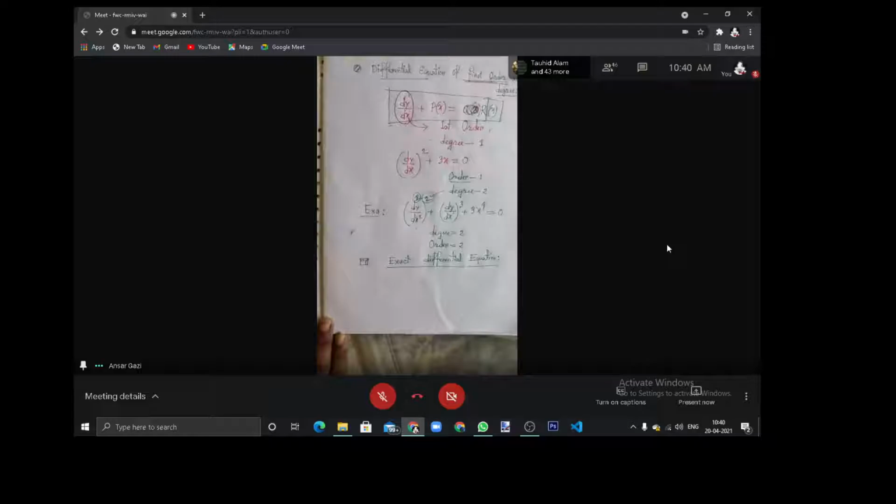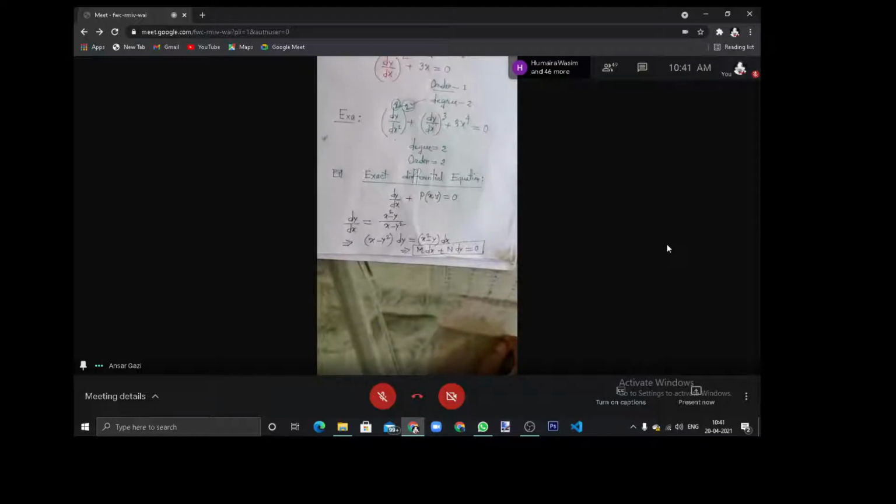Or we can write M dx plus N dy equal to 0. So any first order first degree differential equation can be written in this form also. Is it clear? Here M means x square minus y and N means x minus y square. This is an example.